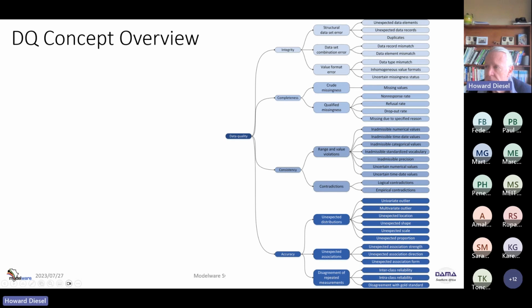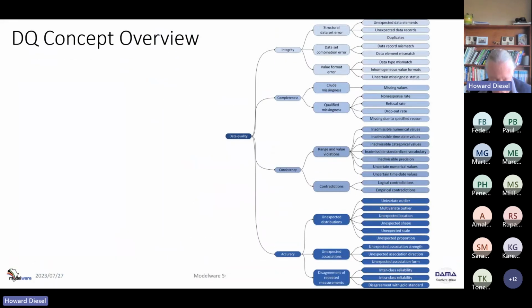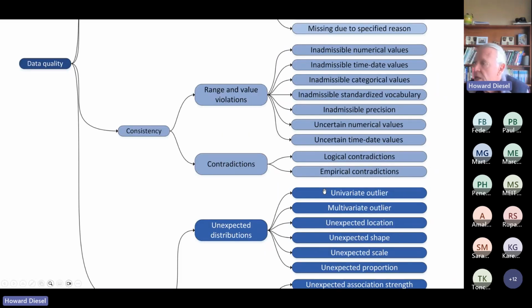Now, what I found interesting initially, I said, but that's the same as what we've got, but it's not. Let me just show you some of the examples here. I want to get into a magnifying glass, and we can see in terms of empirical contradictions, uncertainty, time, date, numerical values, inadmissible precision, inadmissible standardized vocabulary.